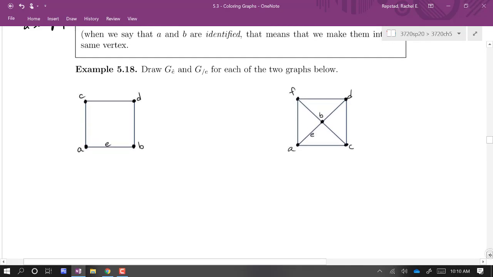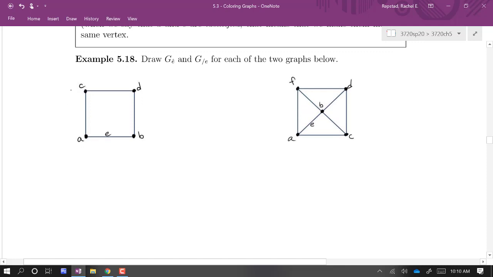So in the example here, the graph on the left, let's say I call this graph G, and we've identified this edge that connects vertices A and B. So G sub E hat is just the graph where I'm going to take that edge out, but leave everything else.